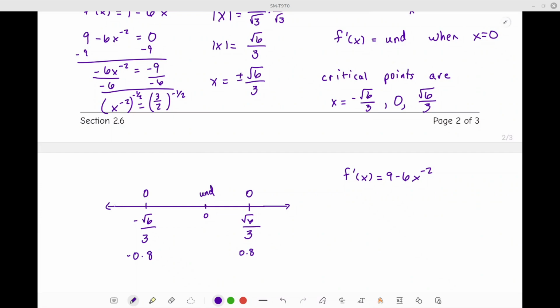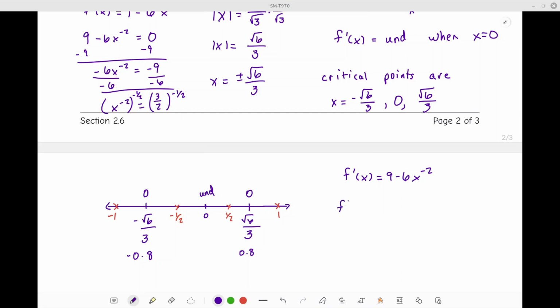So then I probably would pick negative 1, negative 1/2, positive 1/2, and positive 1 as my test points to see if the first derivative is positive or negative.